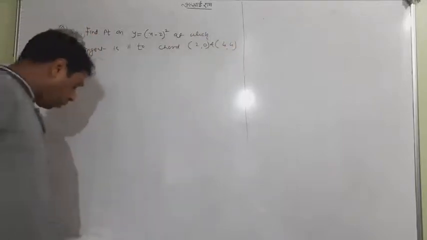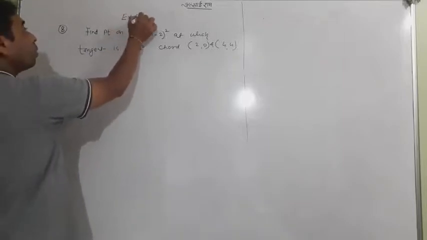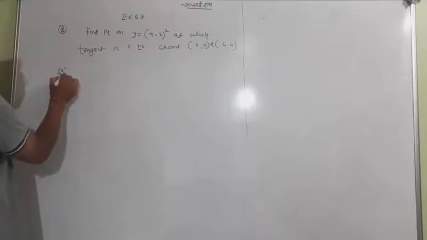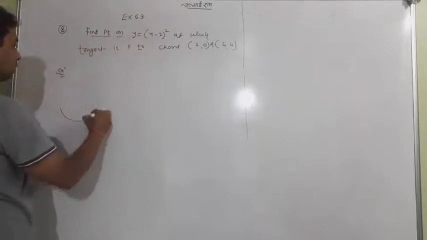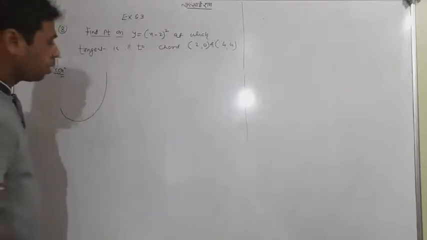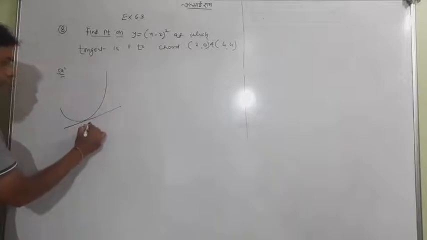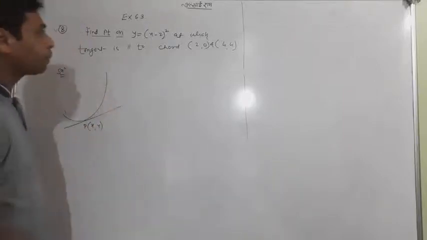This is a new terminology from exercise 6.3. The question is very simple. Find the point on this. Suppose this is my curve, and this is point P with x and y, which is on my tangent, and P is the point of contact.